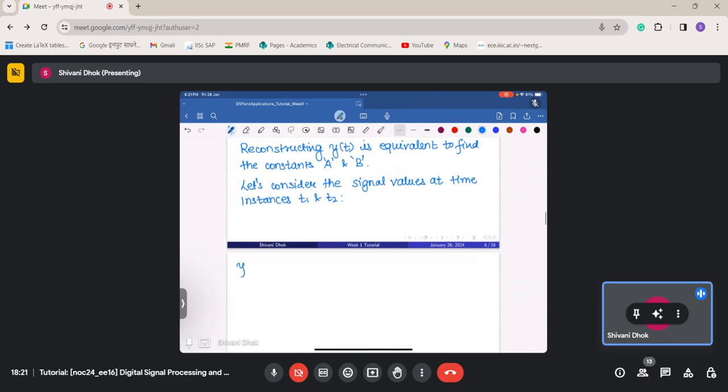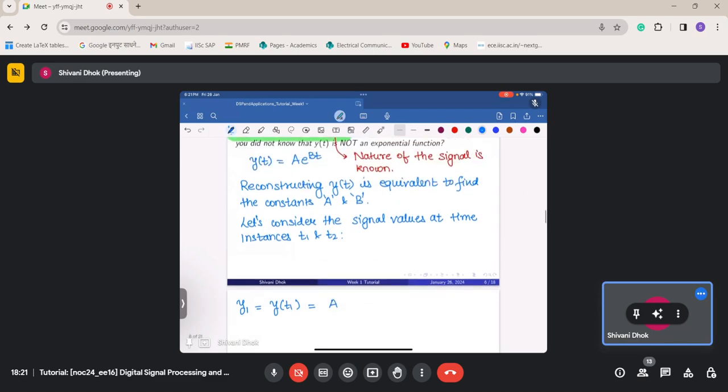So let y1 equal to y of t1, which will be a into e power b t1, and y2 will be y evaluated at t2, a into e power b t2.